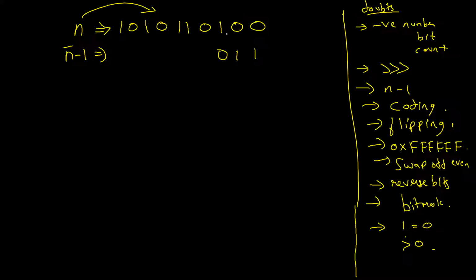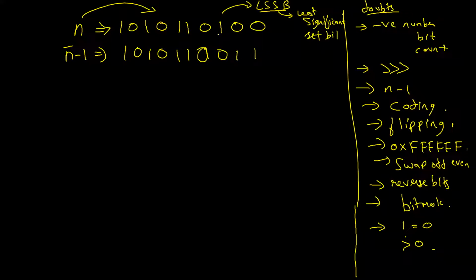This is the LSSB, that is the least significant set bit. This bit will become 0 and all the values after that will become 1. Right? This is what tends to happen if you subtract a value.